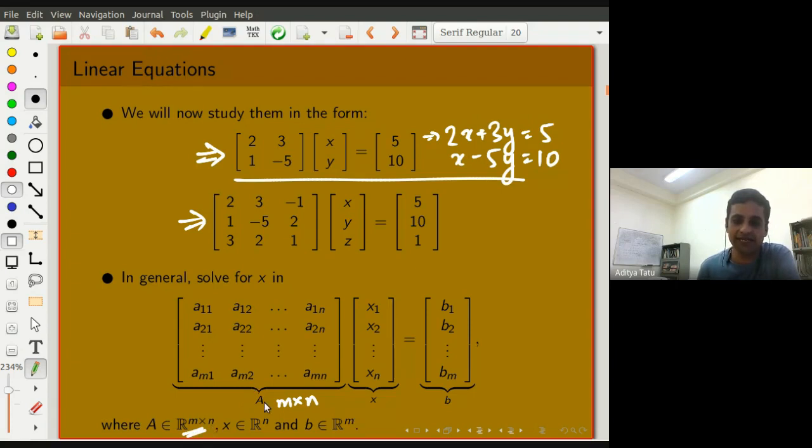A matrix of m rows and n columns, which contains only real numbers, will be an element of the set R^(m×n).